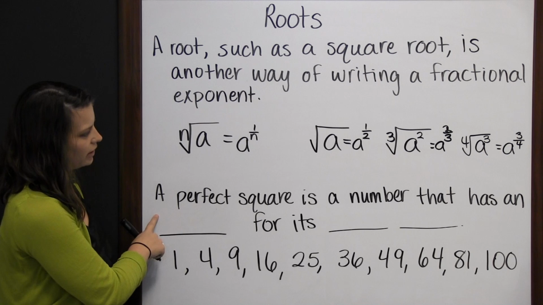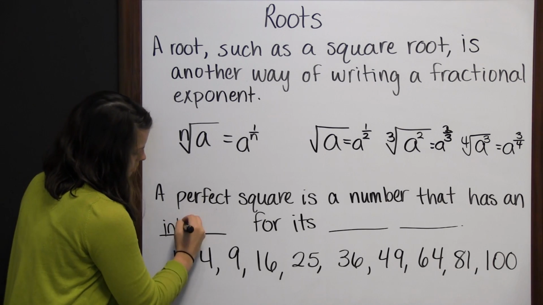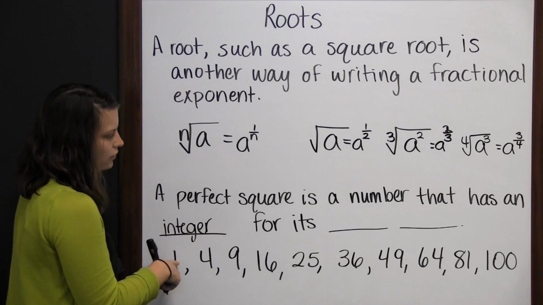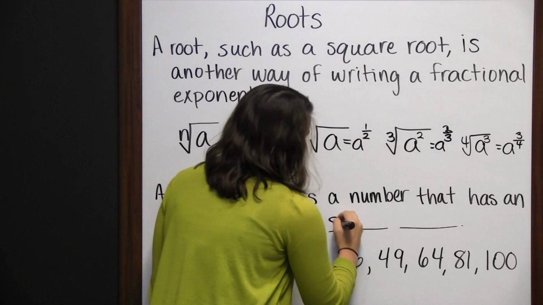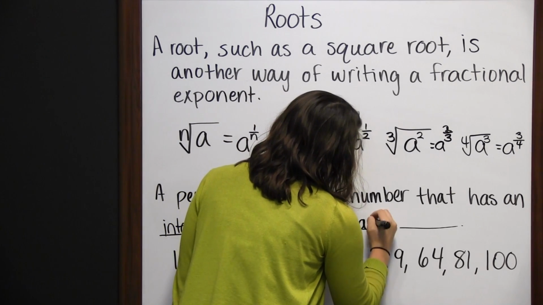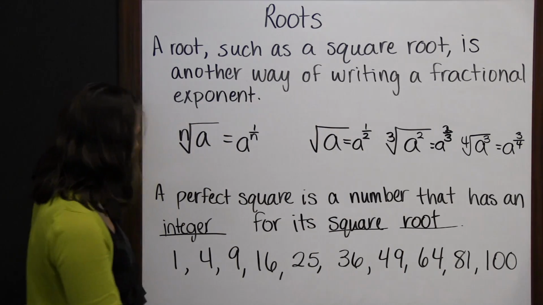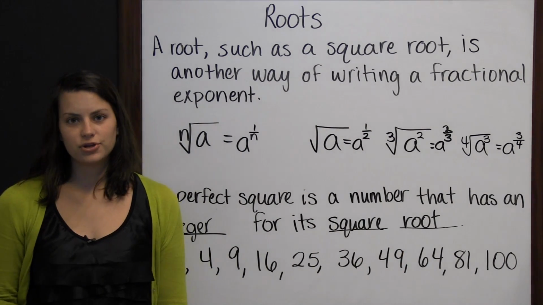A perfect square is a number that has an integer, which means no fractions or decimals, for its square root. So here are the perfect squares from 1 through 100.